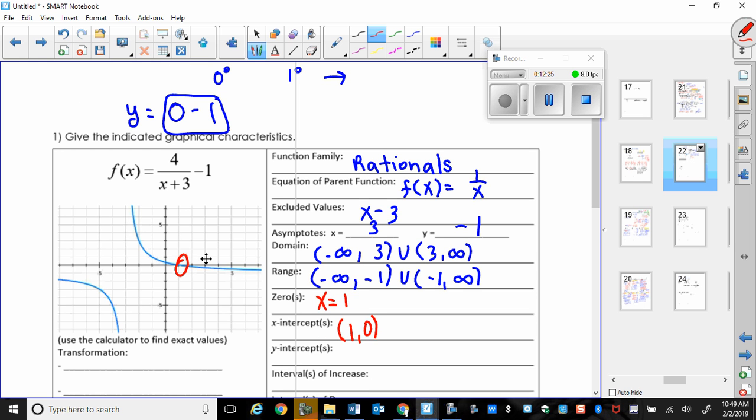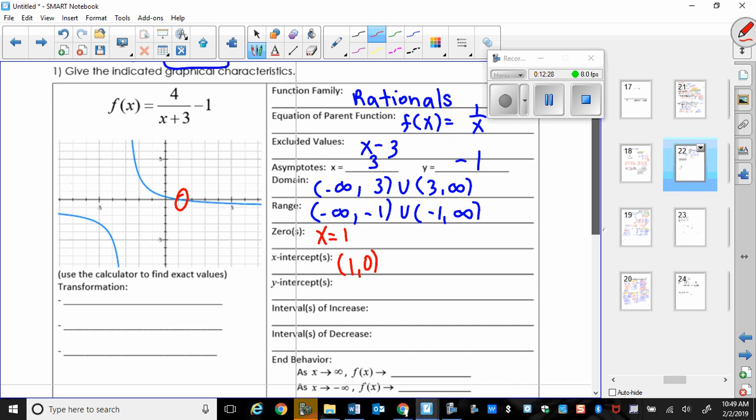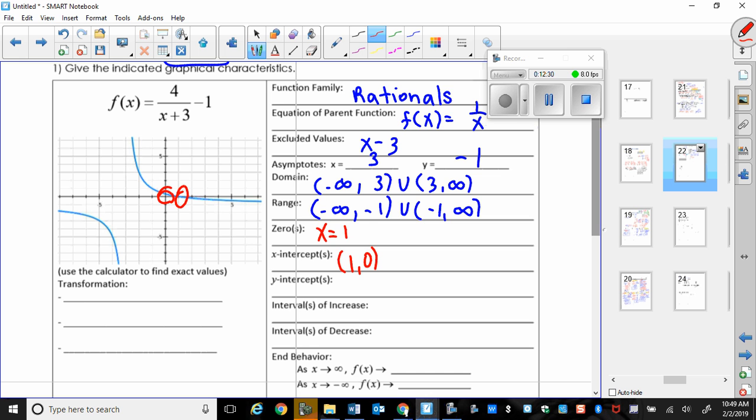My y-intercept, if there is one, I'm just going to plug the number in to get that y-intercept. So 4 over 0 plus 3 minus 1, 4 over 3. And I want to combine those, 1 over 3. So my y-intercept is 0, 1/3.